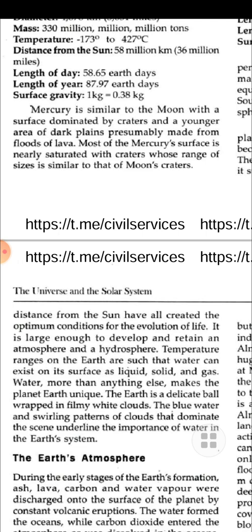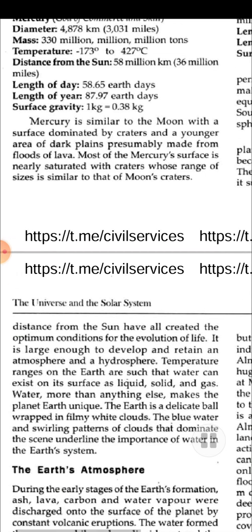It is large enough to develop and retain an atmosphere and a hydrosphere. Temperature ranges on the Earth's surface are such that water can exist on its surface as liquid, solid, and gas.